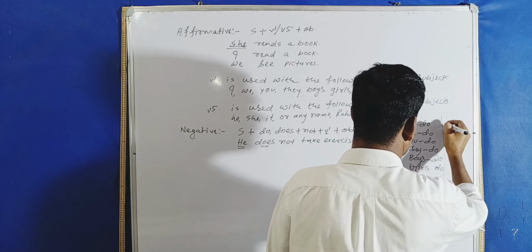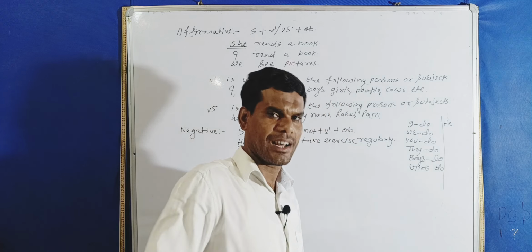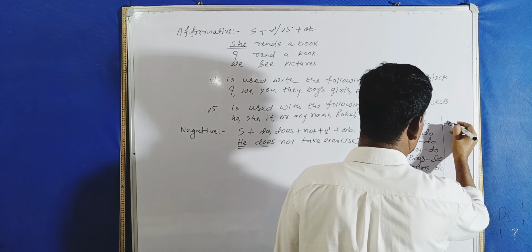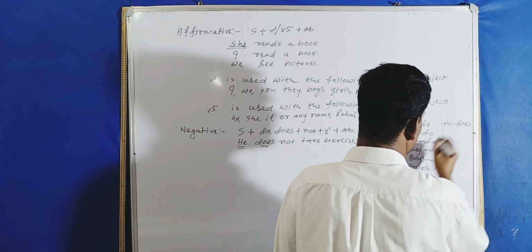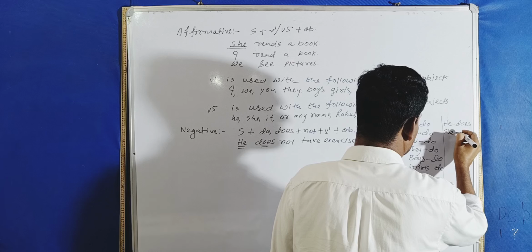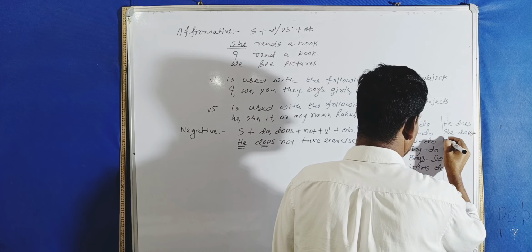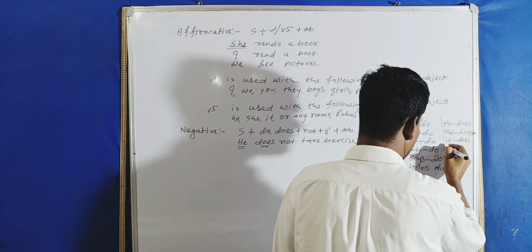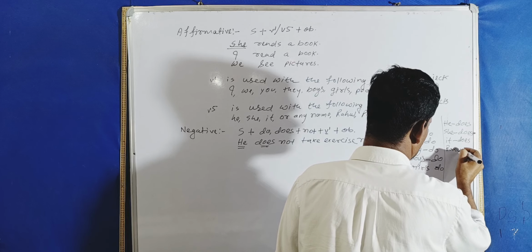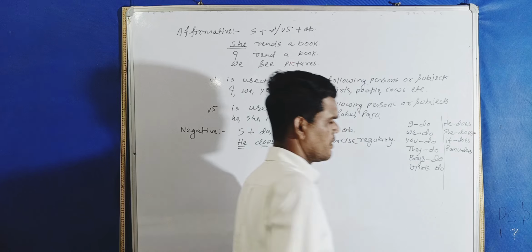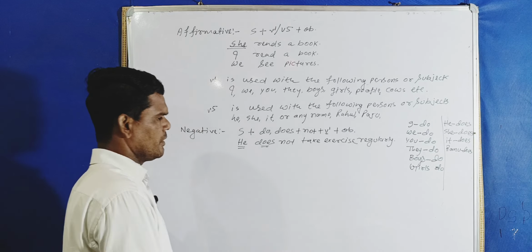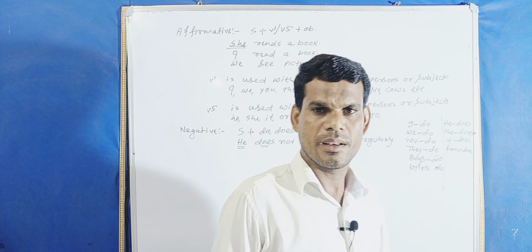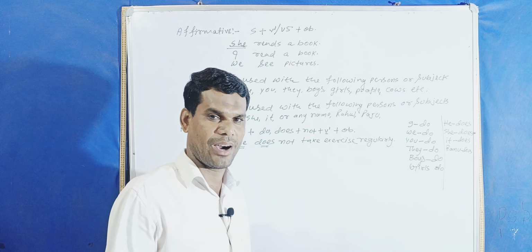And all other third person singular numbers take does, like he does, she does, it does, or any name like Ramu does. So according to the subject, do and does will be used, and then not, then verb 1.